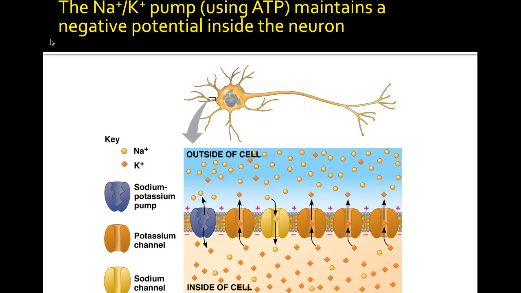The sodium-potassium pump is in purple on the left, and it's another type of membrane protein that actually works against the concentration gradient. Again, typically outside that cell, there's a lot more sodium. Inside the cell, there's a lot more potassium.